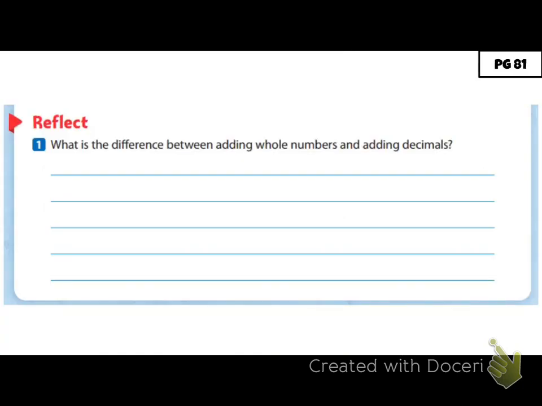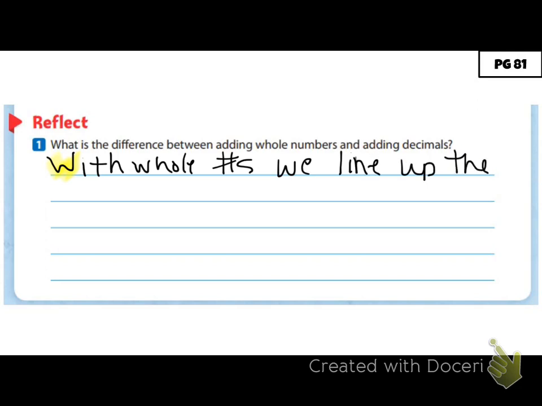So using what we did up above and on the previous page, what is the difference between adding whole numbers and adding decimals? Well, really, with whole numbers, we line up the numbers by the ones place.